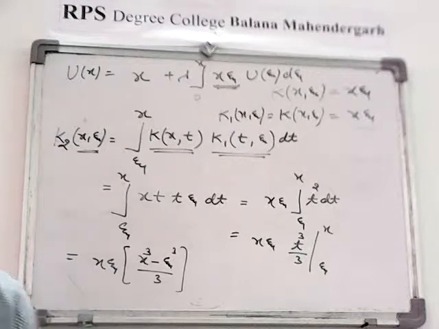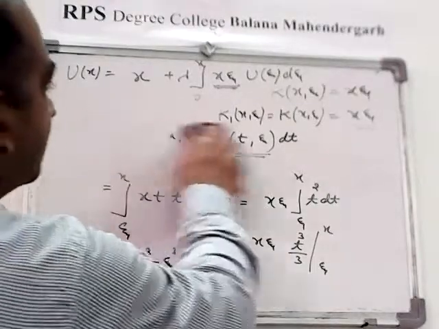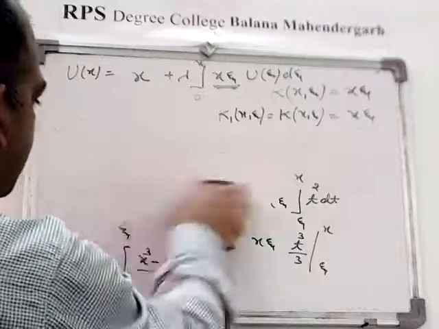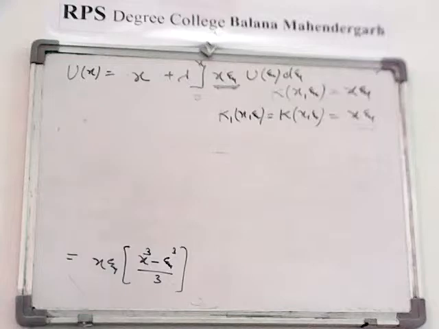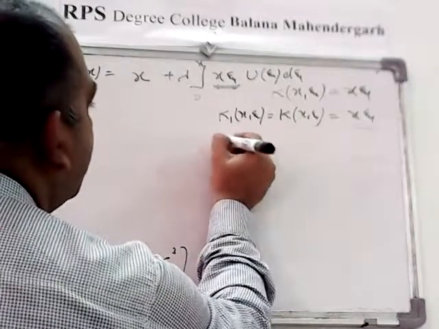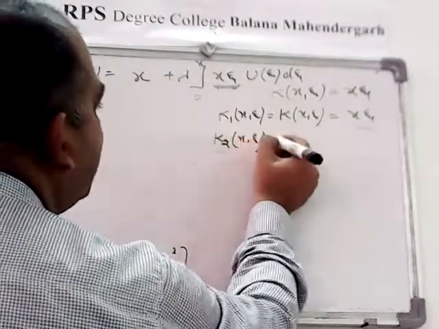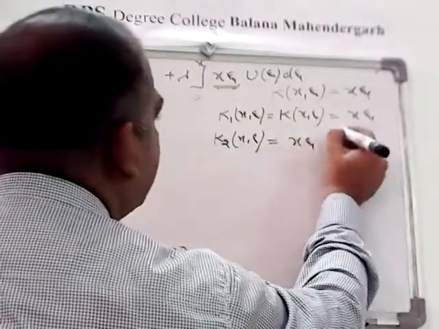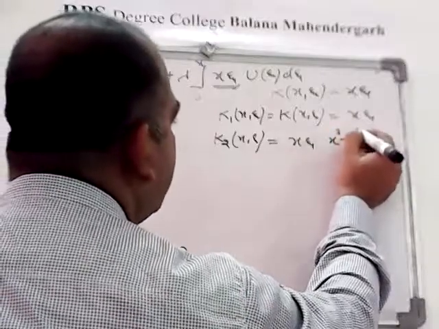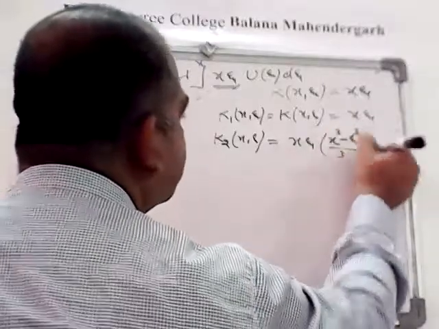So we have got the value of k2: k2 of x comma xi is equal to x xi times x cube minus xi cube divided by 3.